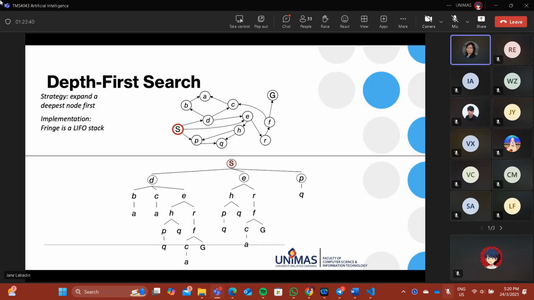Like just now, we have the same state graph, and we have the tree. So we start off with the initial S, then you have the fringe on D.